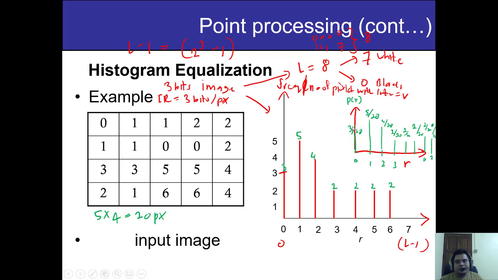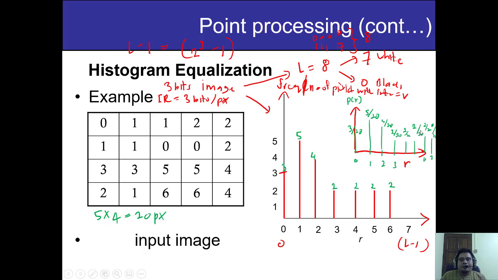So that's why you get 0 point something. But if you total up each and every value over here, you will get 1, because everything is divided by 20, and the total number here is 20. So if you add all these numbers together, at the end you get 1.